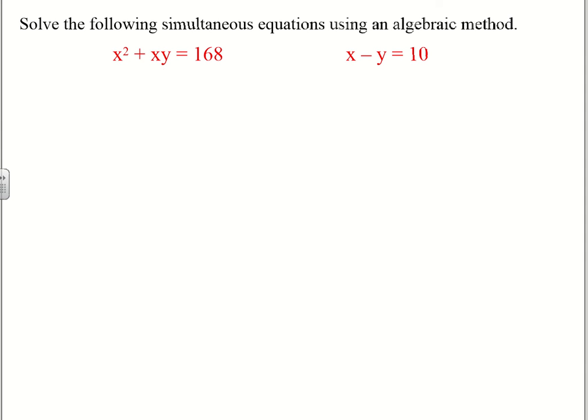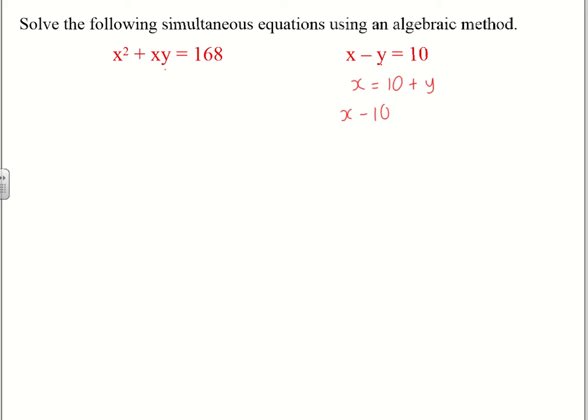So let's make y the subject, because y only appears once in the quadratic. Now, we've got minus y here. The rules of changing a subject is you can't have minus y, so I'm going to have to bring that y to the right-hand side. So that's going to give me 10 plus y, but I want y to be on its own, so the 10 is going to have to go and be taken away.